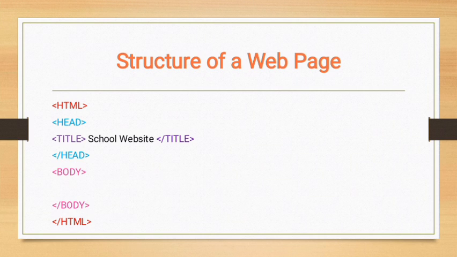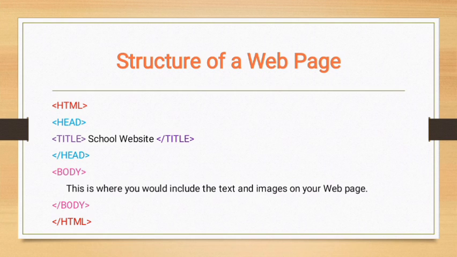Since it is a container element, you want to write the closing tag also, using the slash. So inside the body you can write the content of the web page, either one paragraph or two paragraphs, or images or tables, whatever it is, all this comes inside this body tag. So this is the basic structure of a web page. In detail you can study in the coming classes.